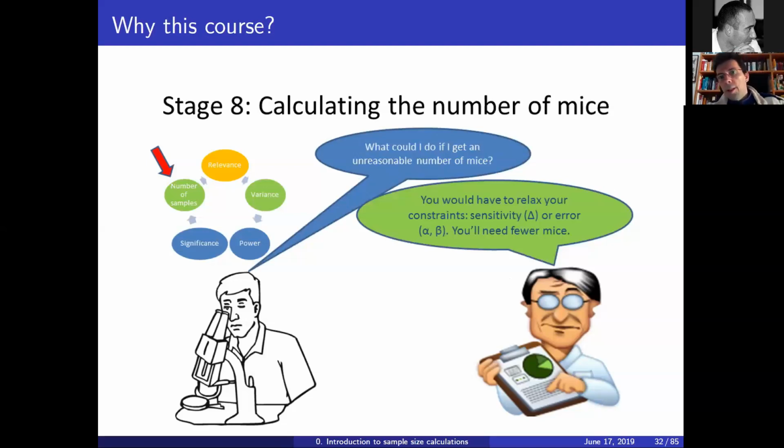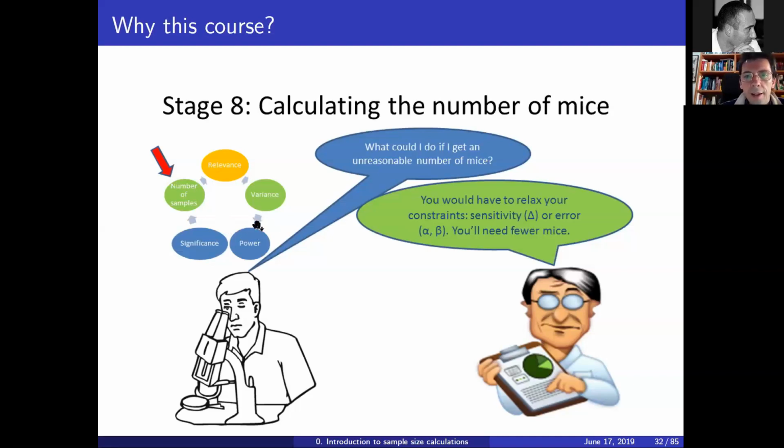Okay, so what happens if I get an unreasonable number of mice? Let's say that I do my calculations and I need to use 300 animals per group, and 300 is a lot. I cannot afford to have 300 animals per group. So you have to relax something.